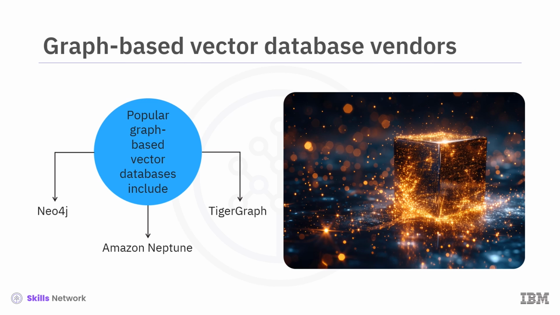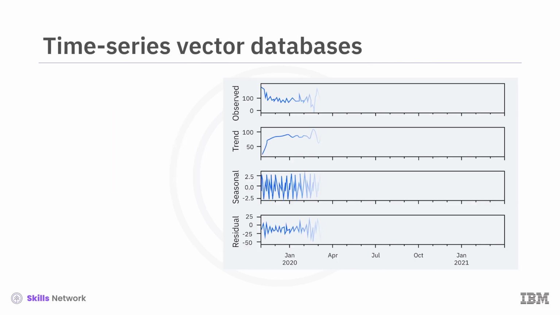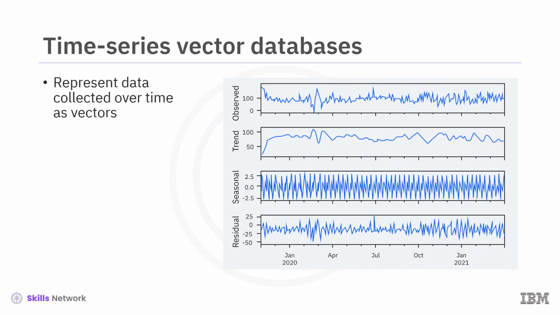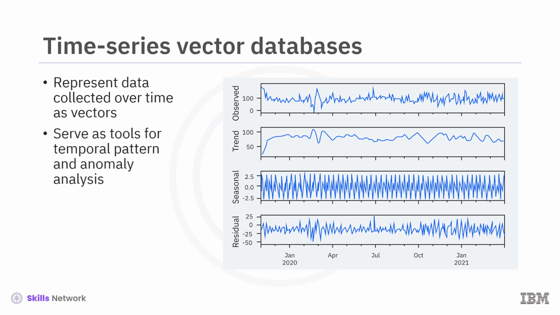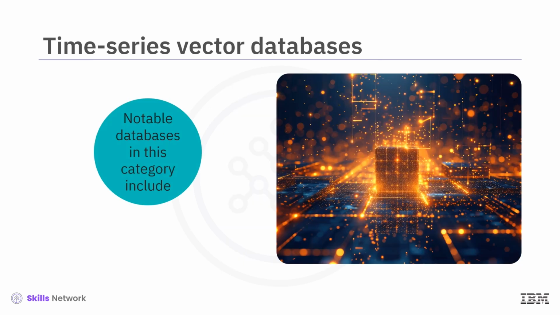Next, let's learn about time series vector databases. Time series vector databases manage data collected over time intervals and represent this data as vectors. These databases serve as robust tools for analyzing temporal patterns and anomalies. Some notable databases in this category include InfluxDB, TimescaleDB, and Prometheus.